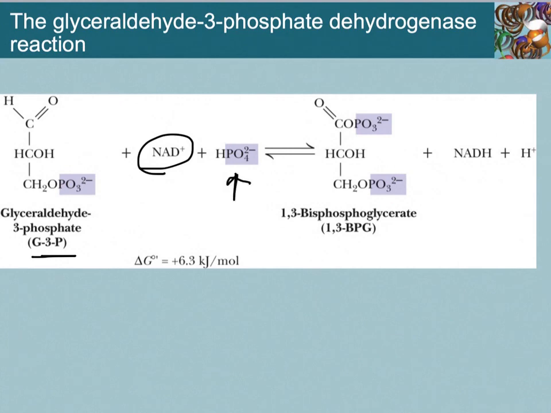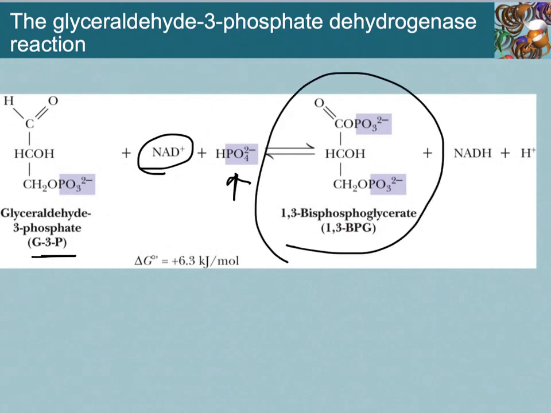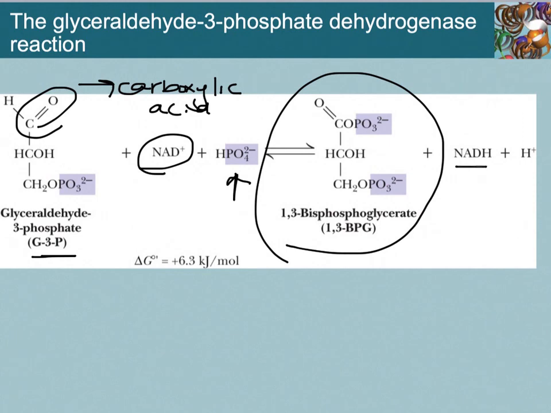We have inorganic phosphate. We are going to make 1,3-bisphosphoglycerate. So what we're going to do is take this aldehyde, make a carboxylic acid, and then phosphorylate that carboxylic acid, and out will come a molecule of NADH.